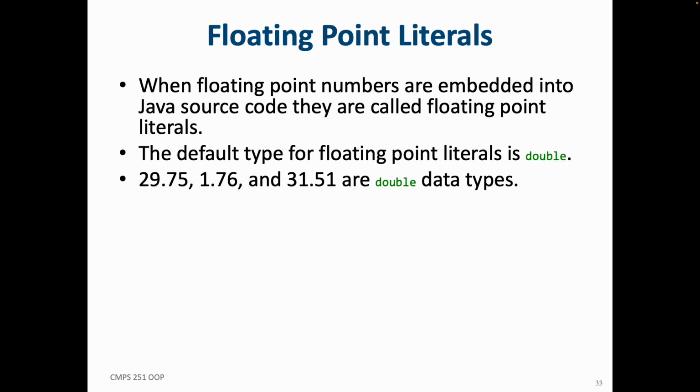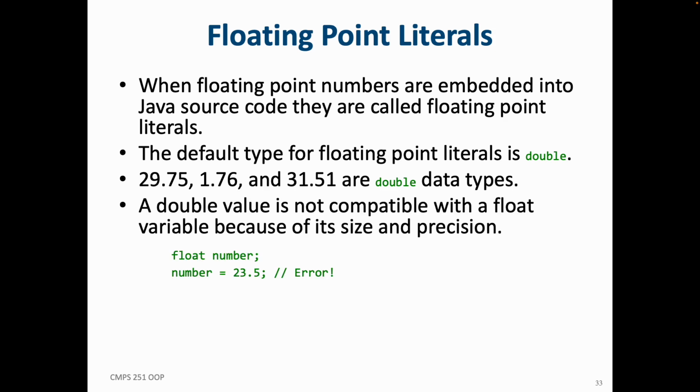And when we are assigning a floating point value to a variable, if you just write 29.75, then Java will consider it a double. The default is double. So what it means is, if I declare a float variable and then try to assign it 23.5, Java will give you a compile error.